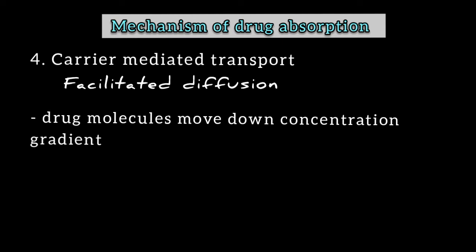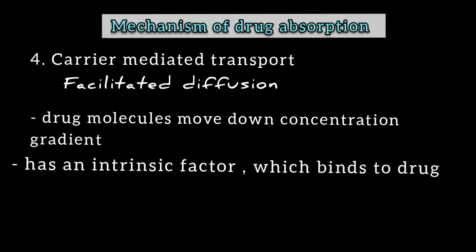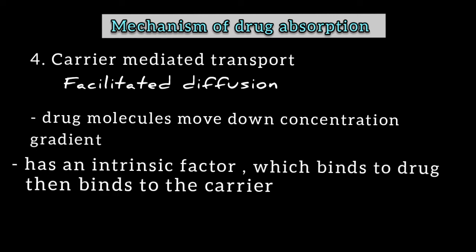If you remember, we said that passive diffusion also goes down the concentration gradient, and a difference between passive diffusion and facilitated is that facilitated has an intrinsic factor, which is another molecule which the drug will bind to, and then after binding to that, it will then go on to bind to the carrier now. So without this intrinsic factor, the drug cannot bind to the carrier by itself.